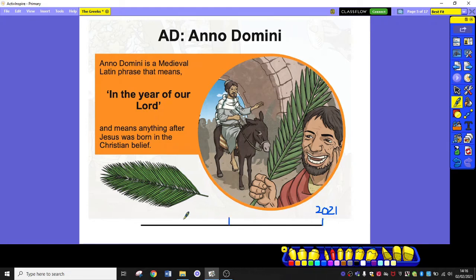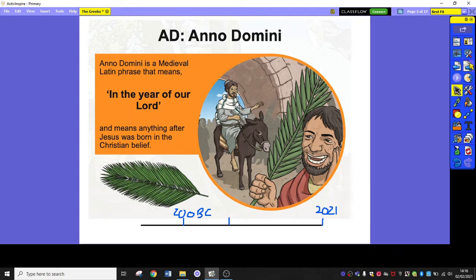And if we were to track back to, say, 200 BC, the difference between 2021 and 200 BC is 2,221 years. So you need to think, any line in the middle is the year Jesus was born. Before that we call BC, and after that we call AD.